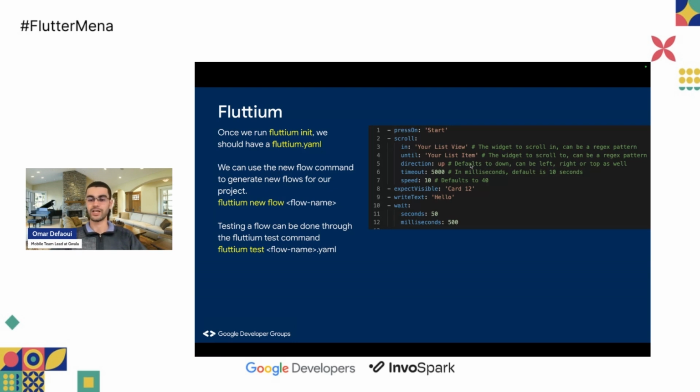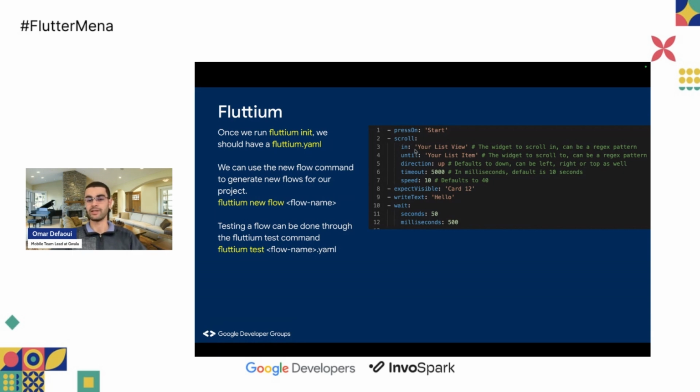If we try to understand what we have in this code, basically we will press on start. What does it mean? Under the hood, they will use a finder to find the widget that contains the value start, and when it finds it, it will click on it. Then we have the scroll instruction.